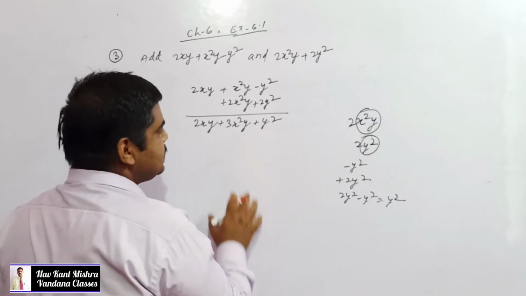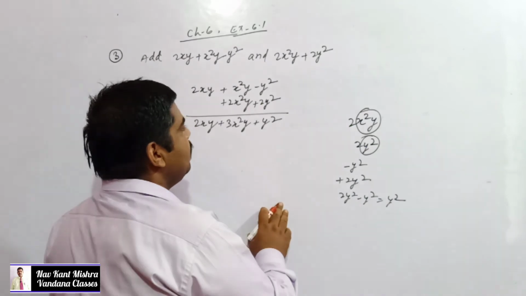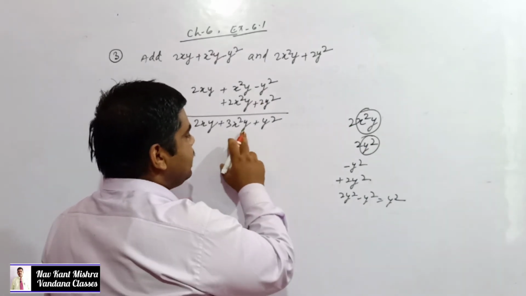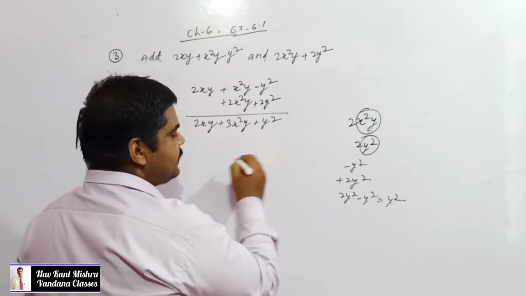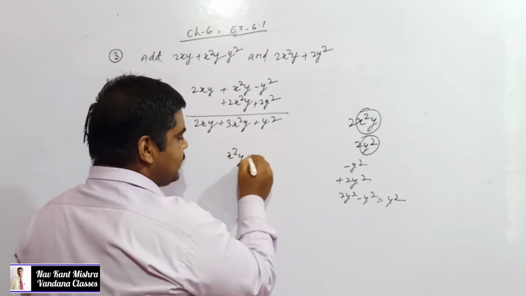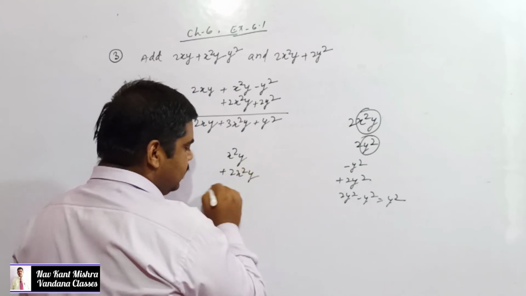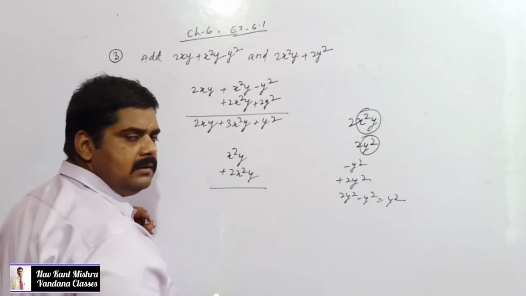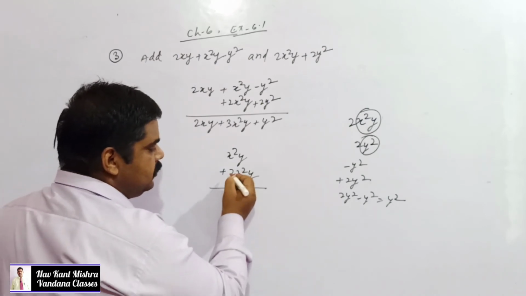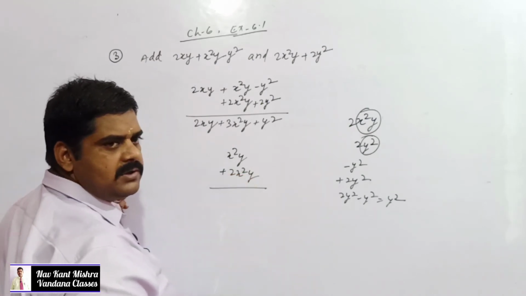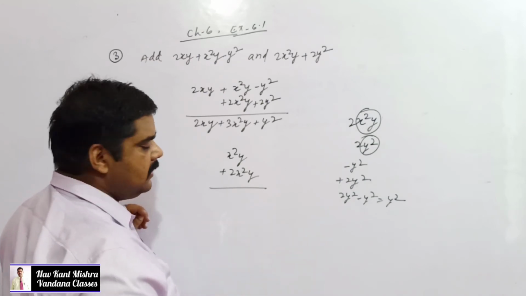And you can see that some students had a problem understanding how we can write 3x squared y. Actually, my dear student, while doing the addition of x squared y plus 2x squared y, at first you do the addition or subtraction, whatever has been given in the question.